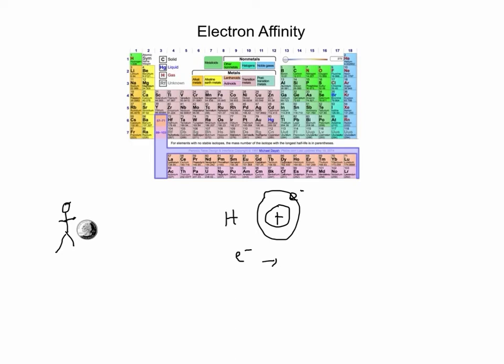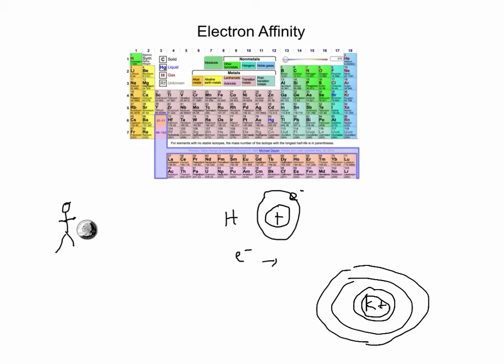But if I have a larger atom, such as potassium, again, potassium has a lot of positive charges in it, so I'm just going to write K with a plus there. And this has 4 energy levels. So protons, and 1, 2, 3, 4 energy levels. If the same electron is passing by the potassium atom, where is it more likely to be attracted?